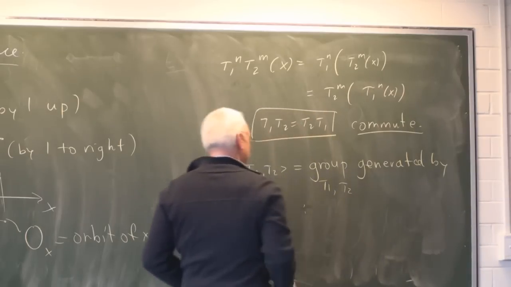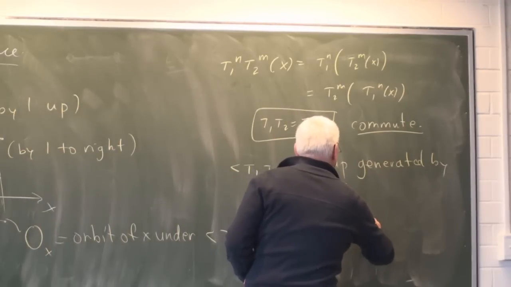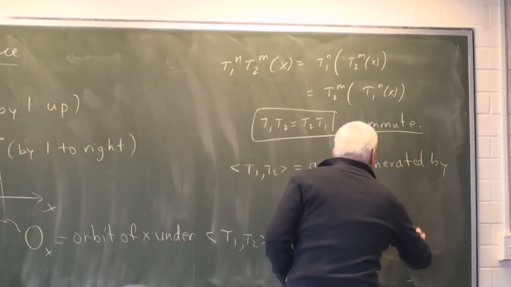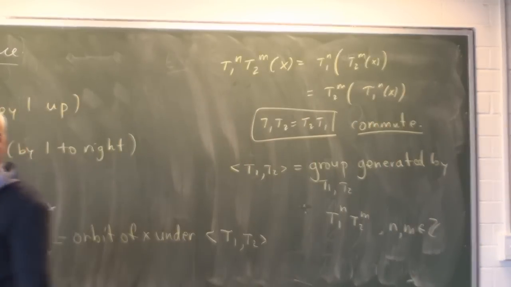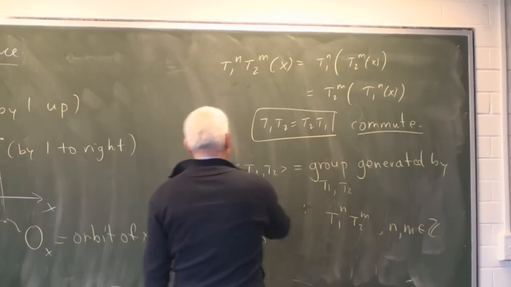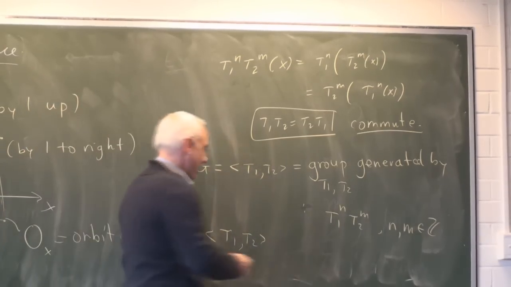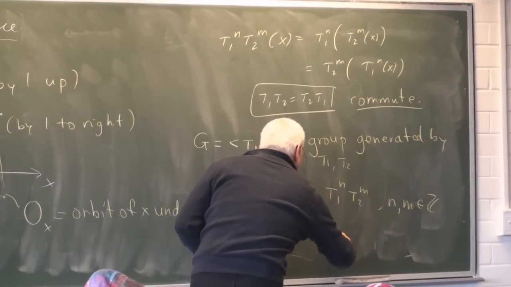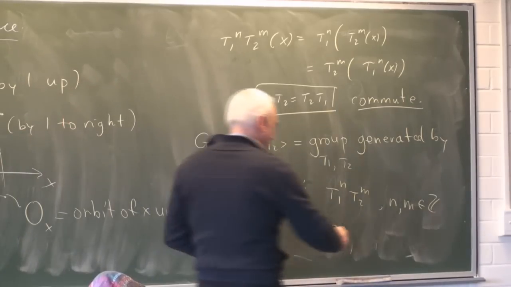We can think of this as being things of the form tau 1 to the n times tau 2 to the m, where n and m range through Z. So in terms of group theory, we could say that if we call this group, say, G for group, then we would say that G is isomorphic as a group to Z cross Z.